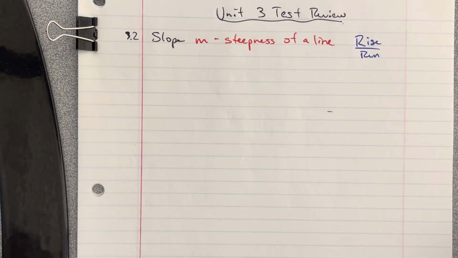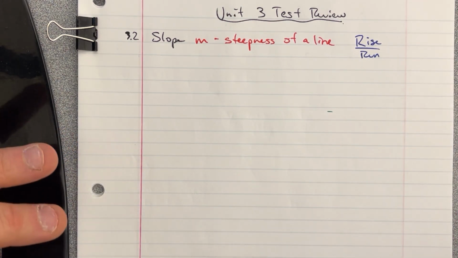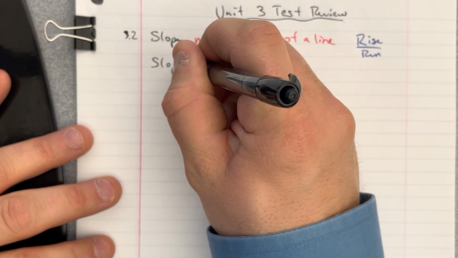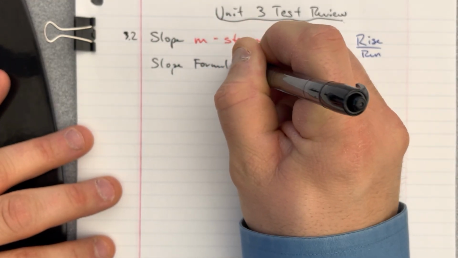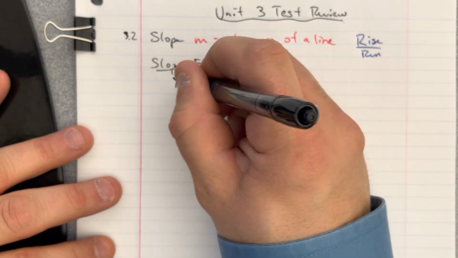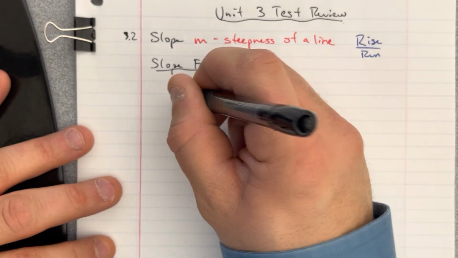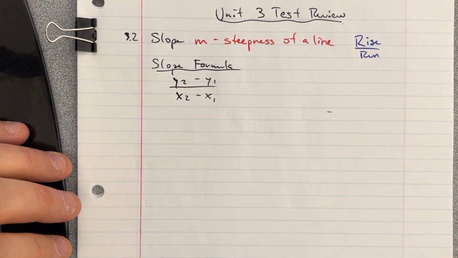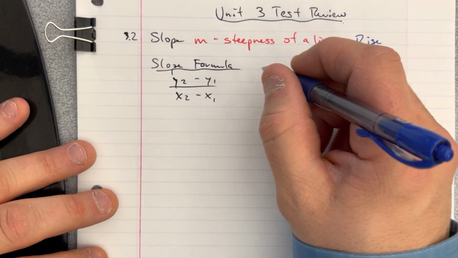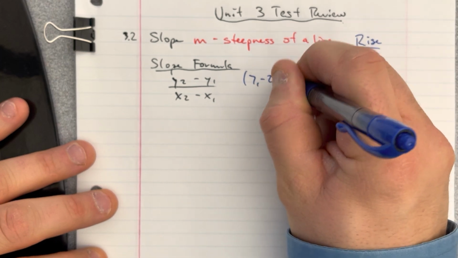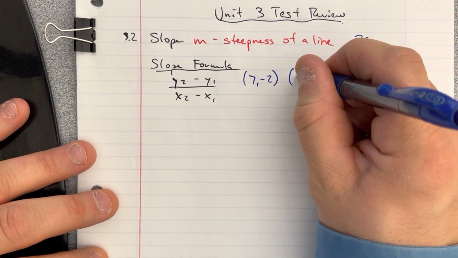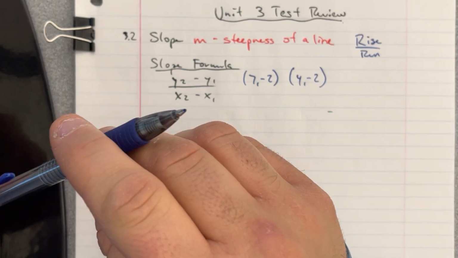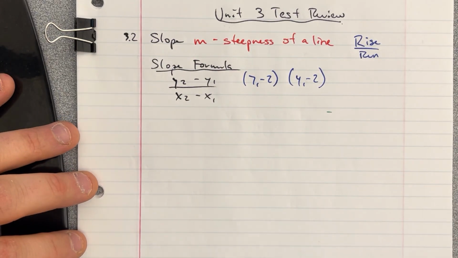We also must have the knowledge in case I don't give you a graph, but I want you to use the slope formula. And this is where we had to do our y2 minus y1 over x2 minus x1. So if I gave you a couple of ordered pairs like (7, -2) and then (4, -2), I could figure out the slope of this information using our slope formula.